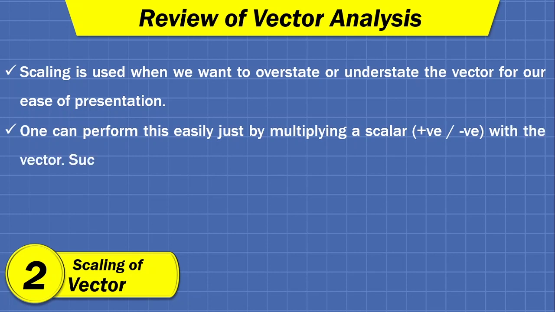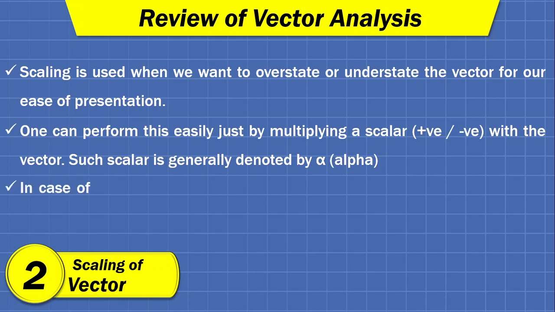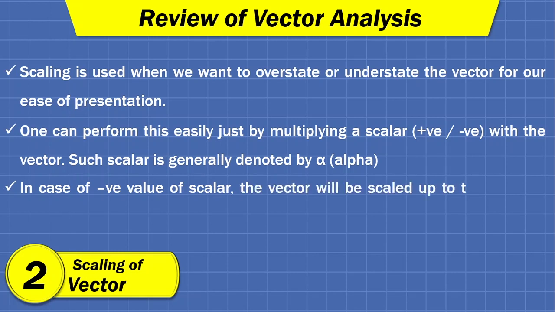That scalar may be positive or negative with the vector which we want to scale, and such scalar which we are multiplying with the vector is generally denoted by alpha. In case of negative value of scalar, the vector will be scaled up to the value of scalar but in the opposite direction. Fine. So the direction of scaling can also be changed with the help of sign of the scalar.